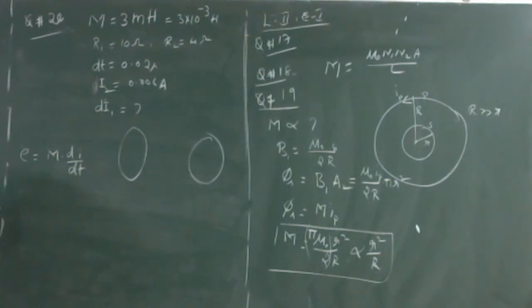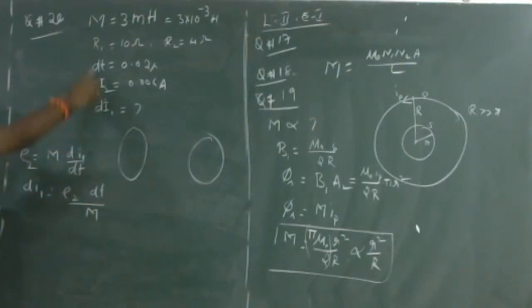Induced EMF is this. This is the change in current in the primary, equal to the EMF induced in the secondary. You can write it with subscripts 1 and 2. From this, you are asked to find di1 is equal to E2 into dt by M.